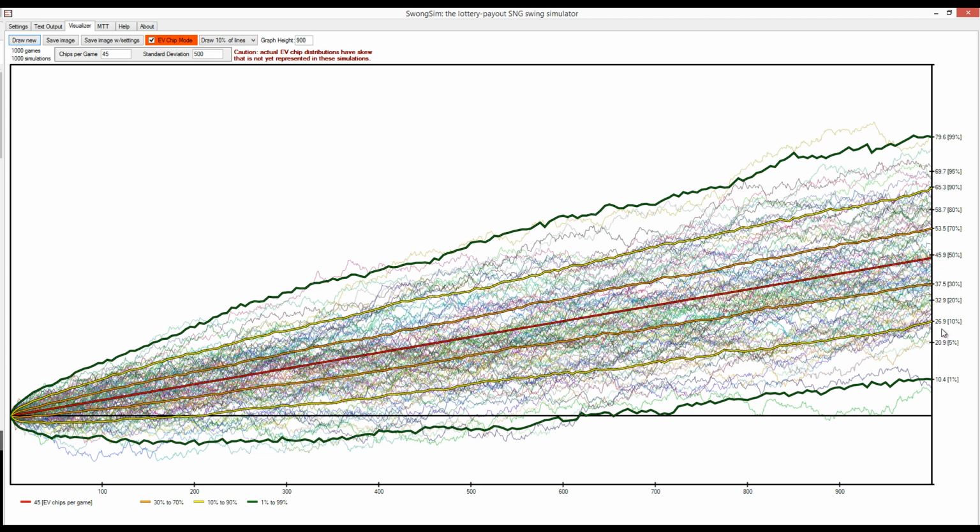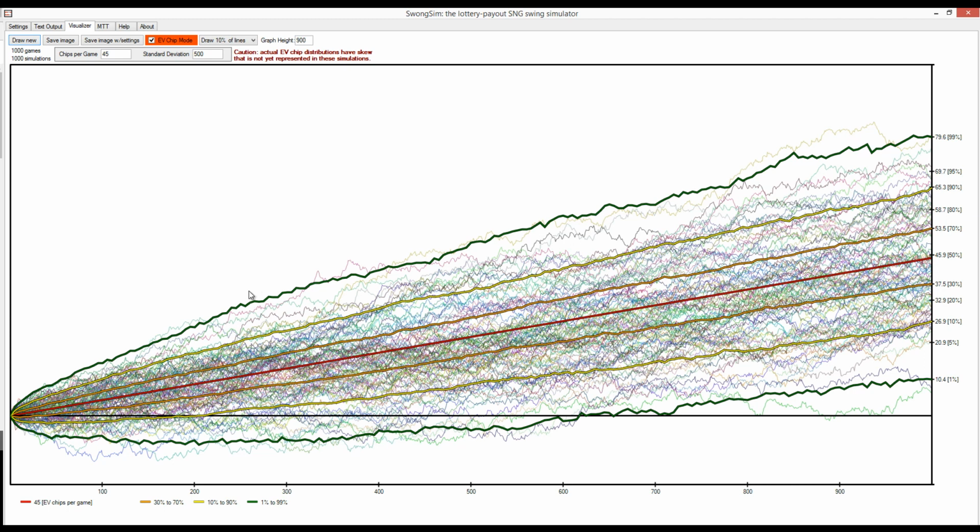Most commonly, it's about a 10 chip EV spread. So even over 1,000 games, you have plus or minus at least 10 chip EV. Maybe it's closer to 15.